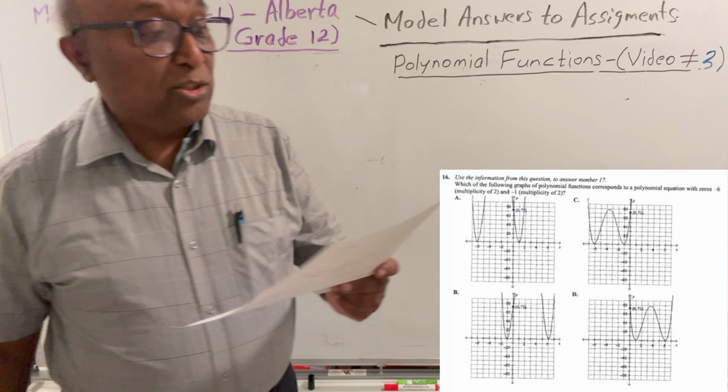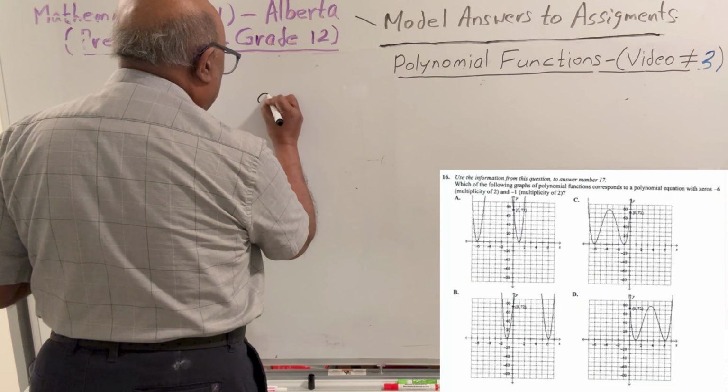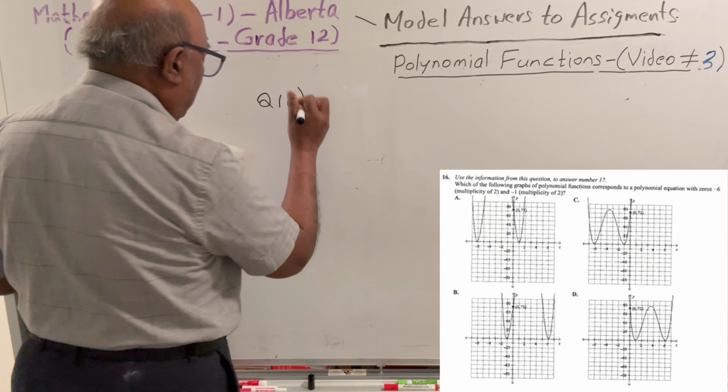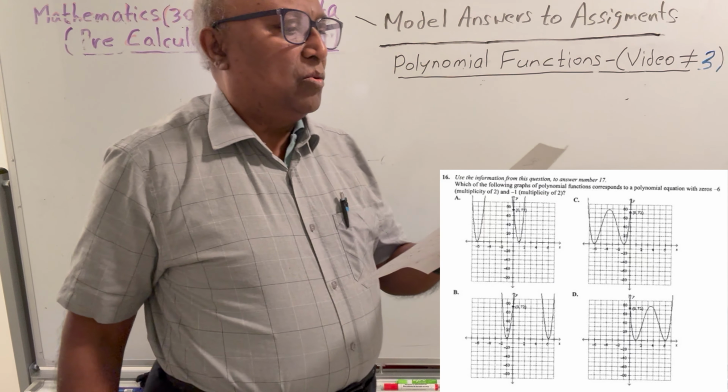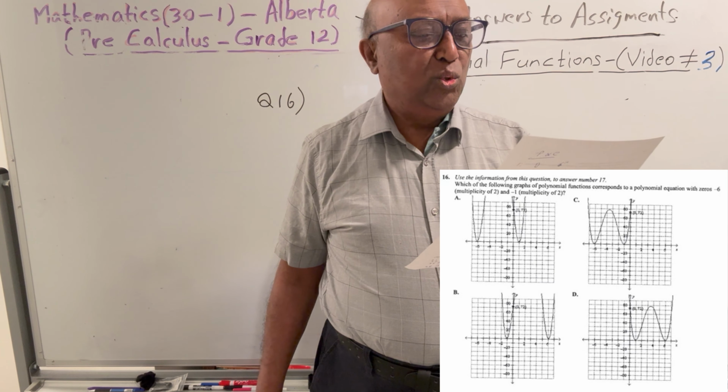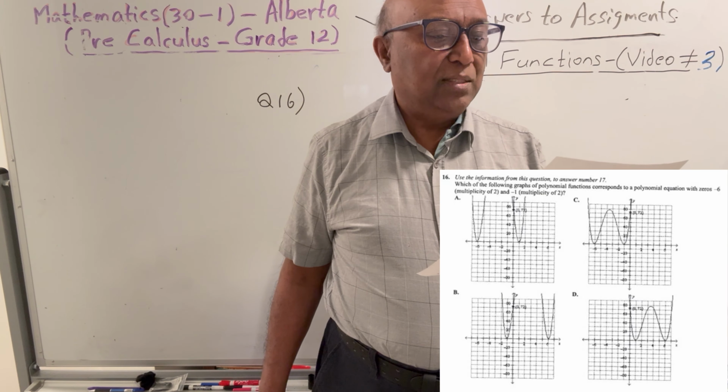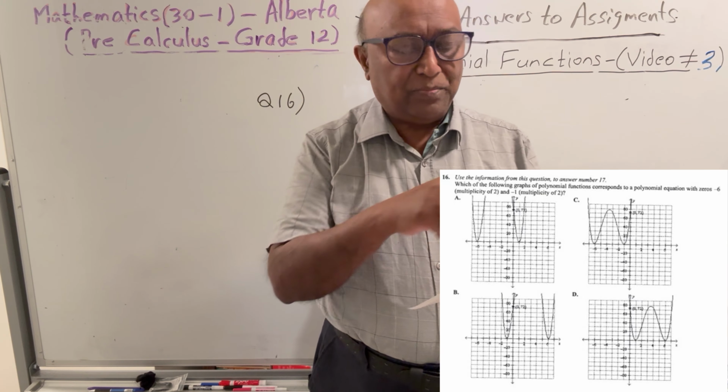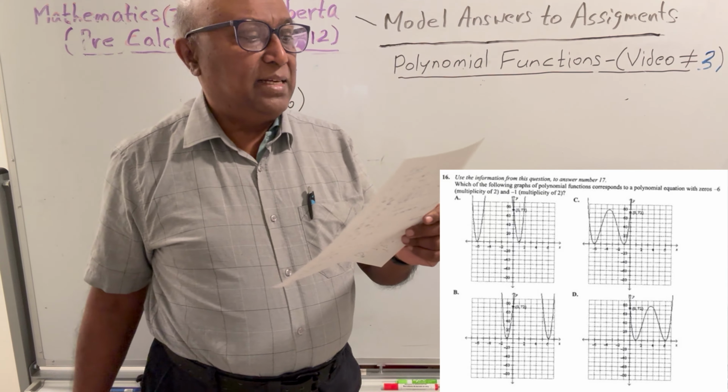Okay, let's go to the next question. Question number 16. Question number 16 says, use the information from this question to answer number 17. Okay, of course, we can consider that later.